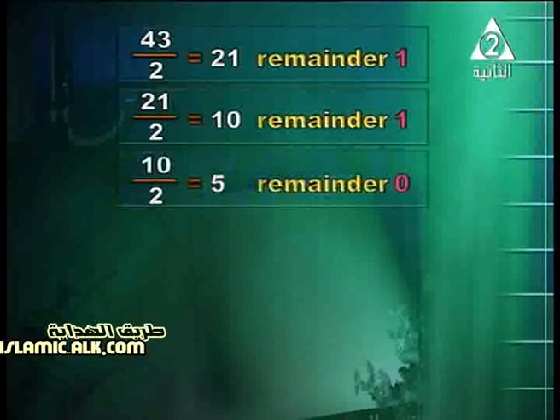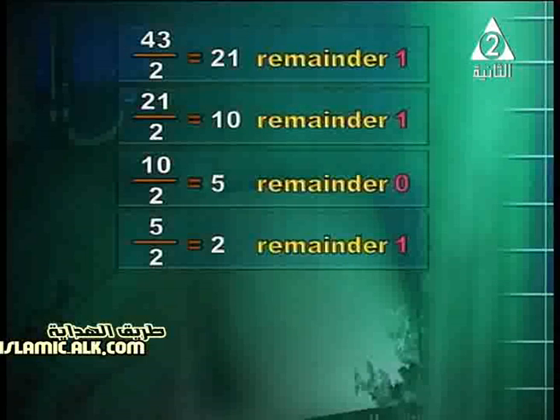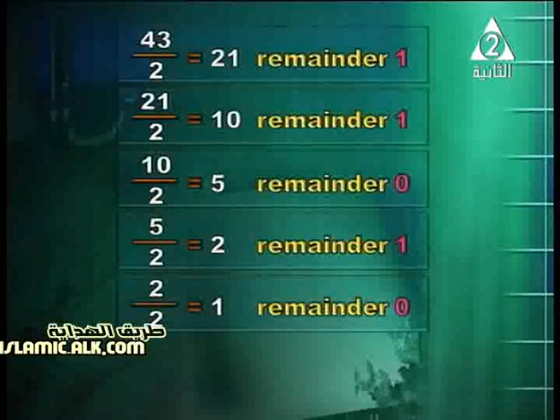10 divided by 2 gives 5. 2 times 5 is equal to 10, so we don't have anything left. Remainder equals 0. And 5 divided by 2 gives 2. 2 times 2 is equal to 4, and 5 minus 4 leaves a remainder of 1. 2 divided by 2 gives 1, remainder 0.